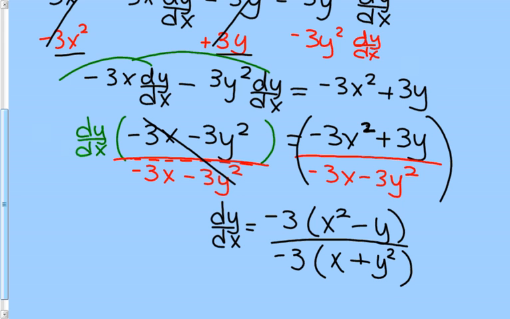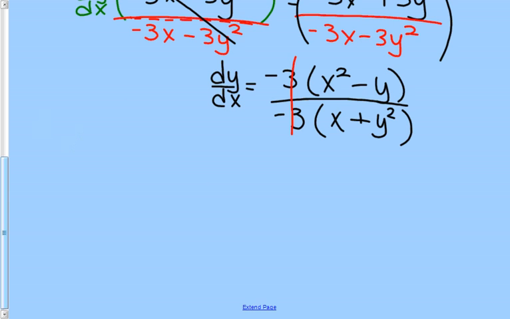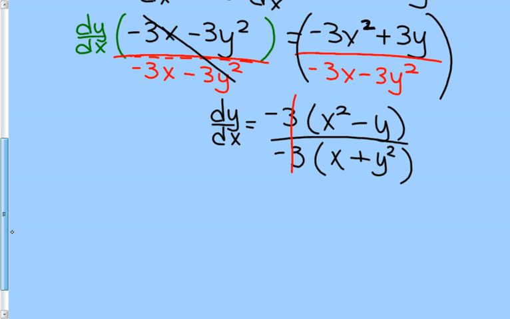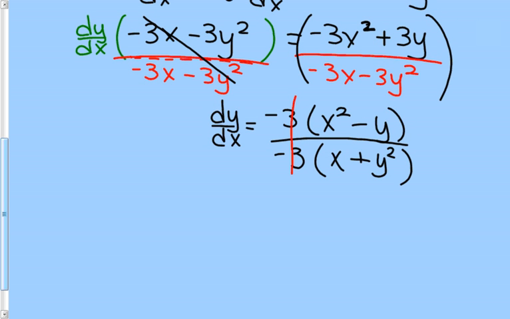Alright, so hopefully you see that the negative 3's will cancel out, right? Because that was the whole point. They're in common for both top and bottom, the denominator and the numerator. So finally the answer is just x squared minus y over x plus y squared. And that would be the simplified answer.